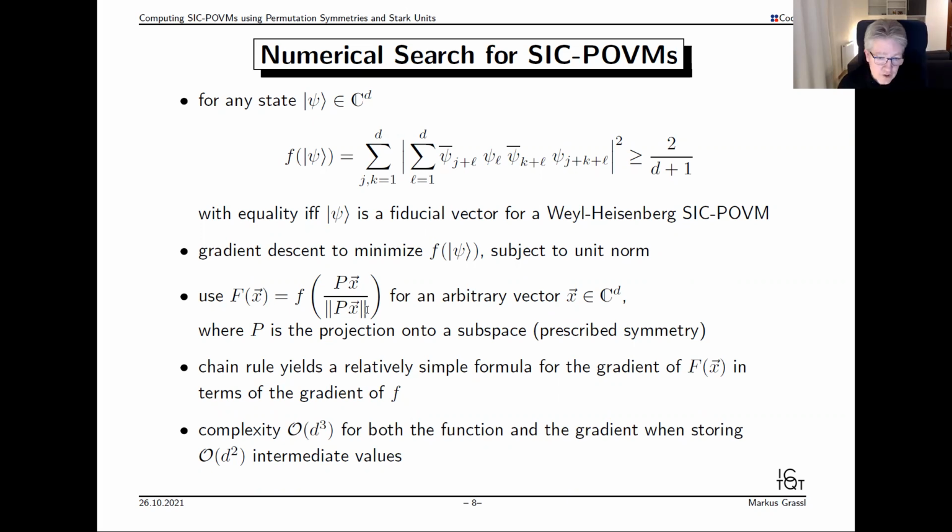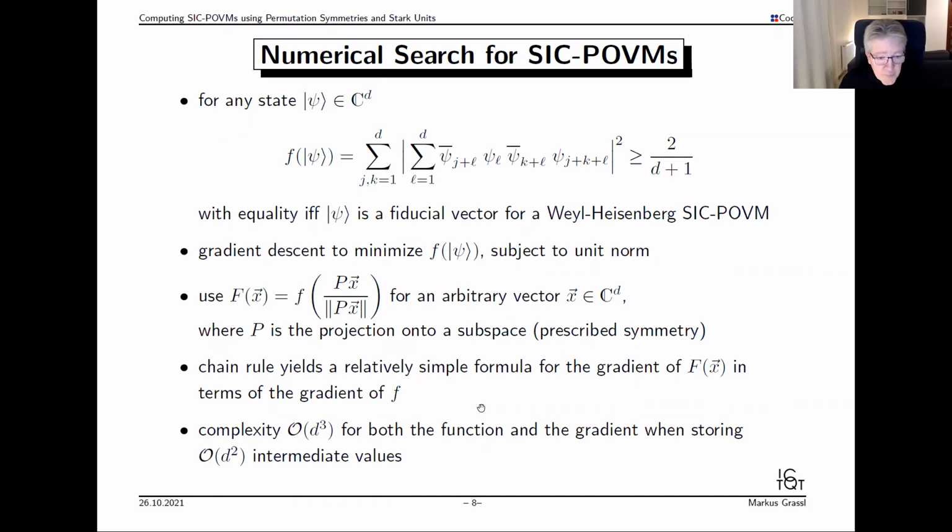Also, in order to prescribe the symmetry, we can introduce an arbitrary projection operator and introduce that also in our function. Then if you do first year, second year calculus, applying the chain rule to calculate the gradient, it turns out that one can express the gradient just in terms of the original function.